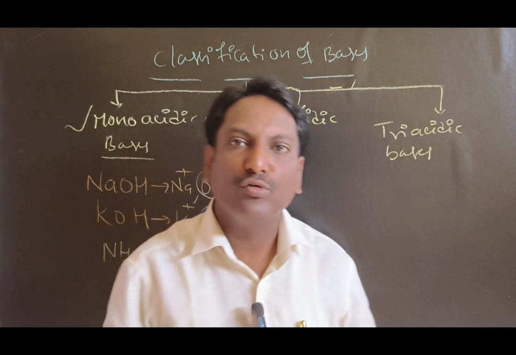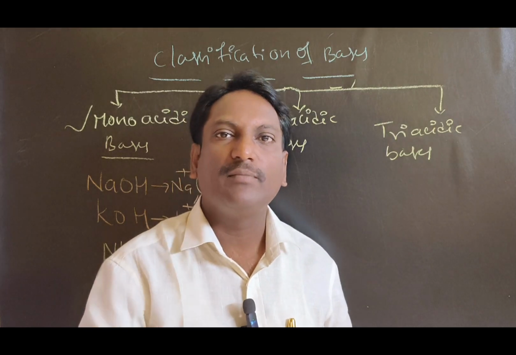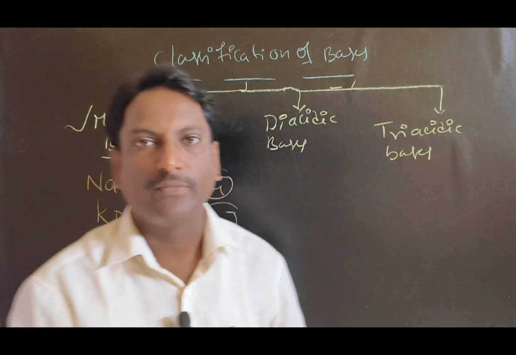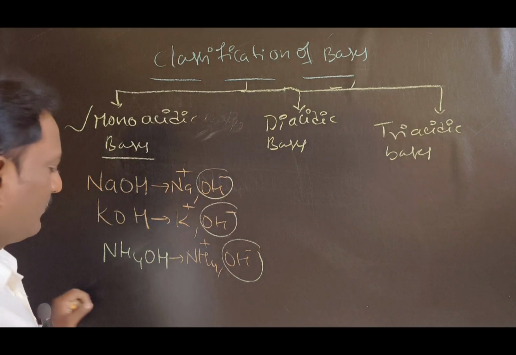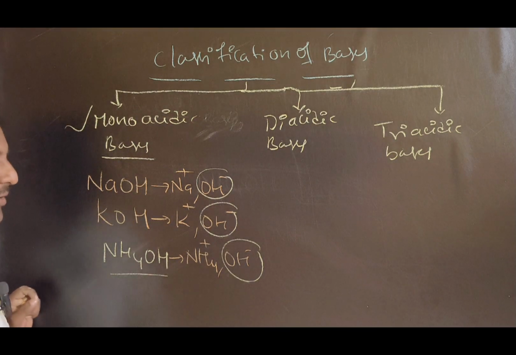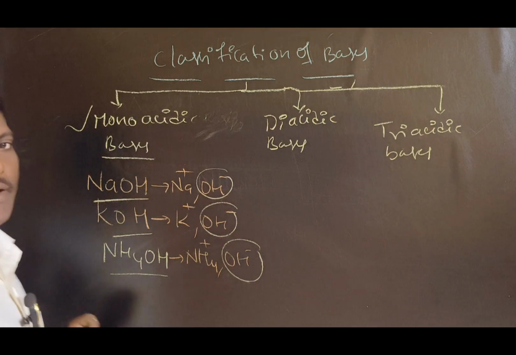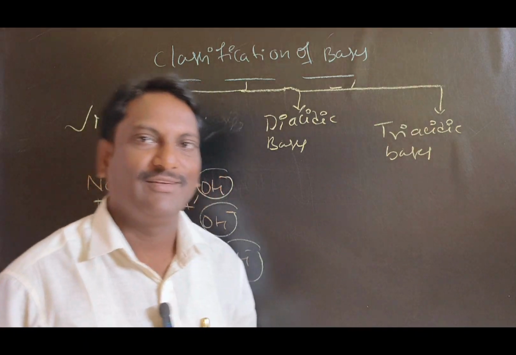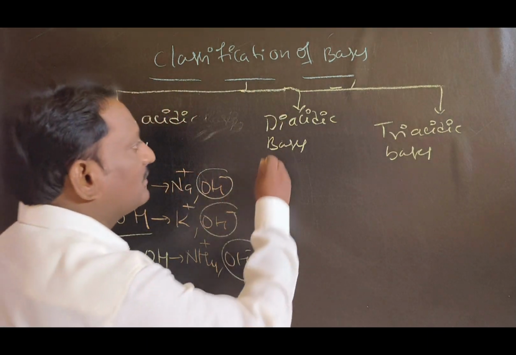Monoacidic bases are those bases that produce only one OH minus ion per molecule in water. Examples: ammonium hydroxide, potassium hydroxide, and sodium hydroxide. Is it clear to you, my dears? Right.